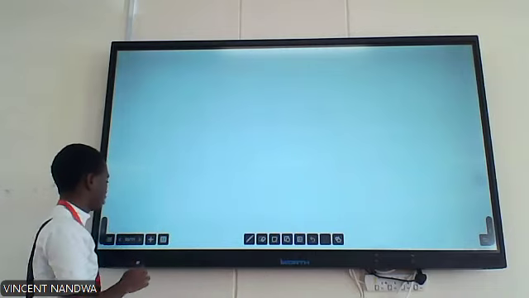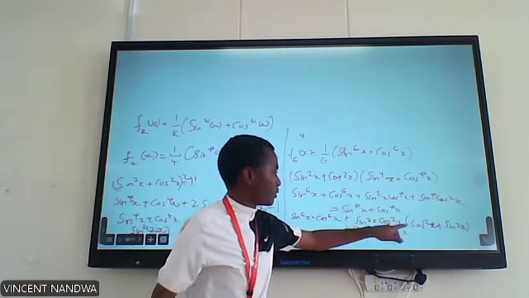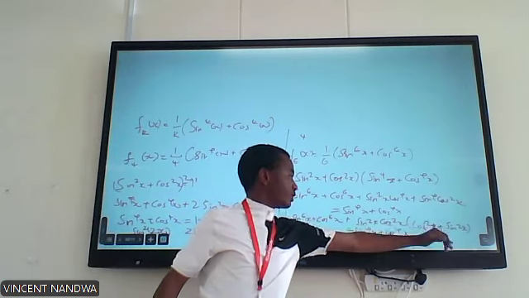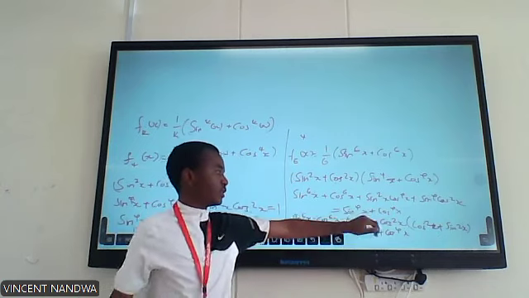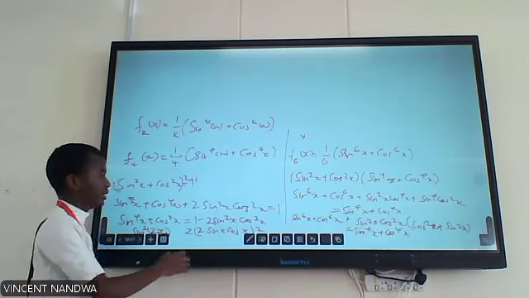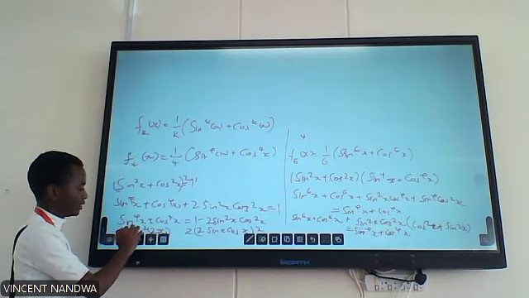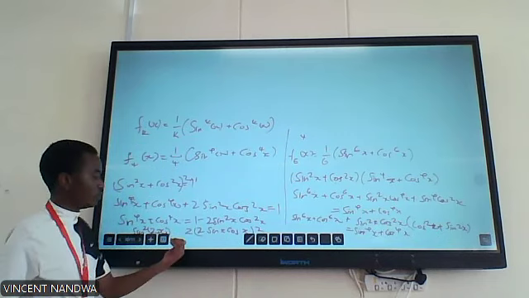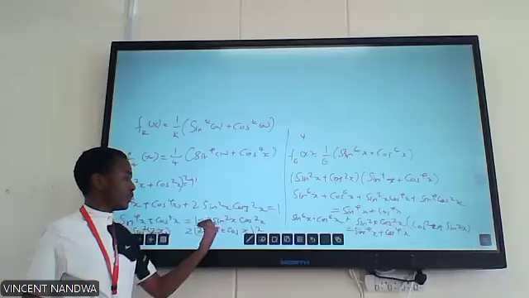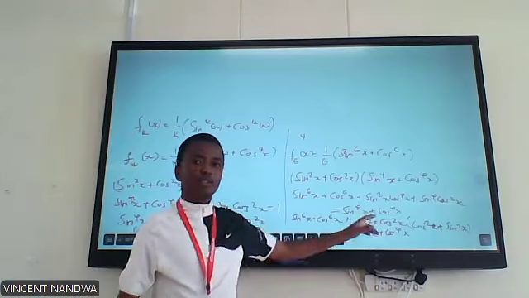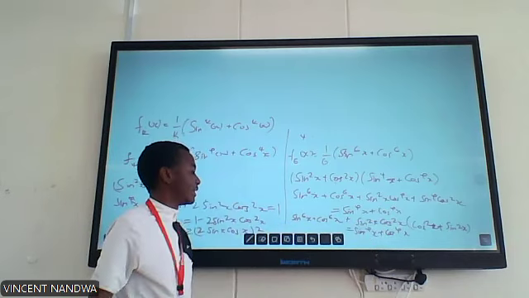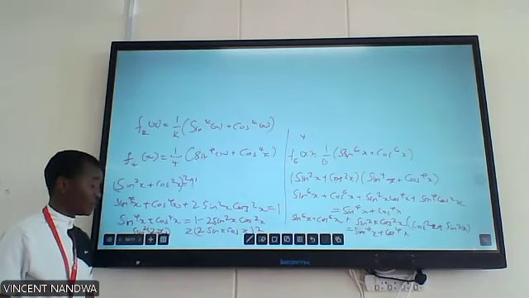Going back, this is 1, right? So since this is 1, and we have this one, we have sine squared x cos squared x, and we had related that to sine squared 2x. So basically, this is like saying it is a quarter sine squared 2x, right?